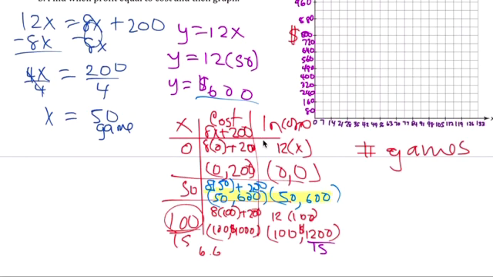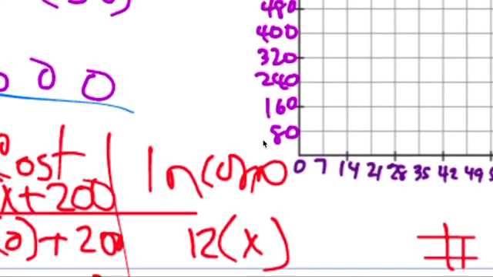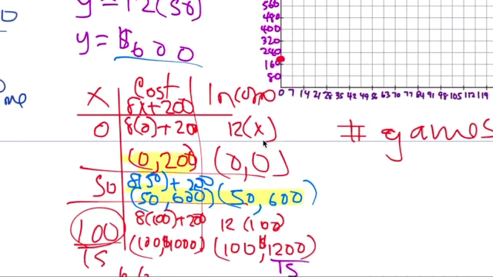And then you graph one at a time. Let's graph the cost line: 0, 200. 0, 200 is somewhere here. Let me change the color. And then 100, 1,000.